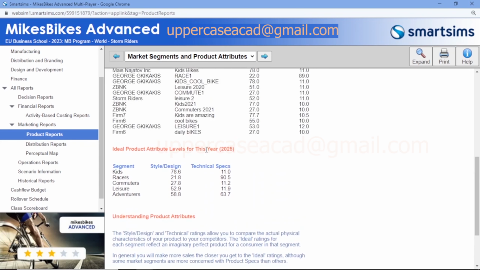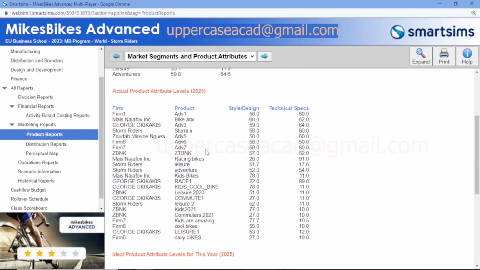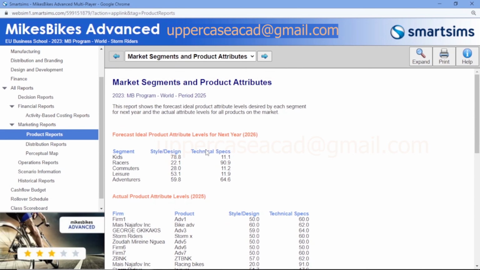Then it will also show you the forecast with this forecast ideal. This shows you what the market preferences are likely to be for the next year, not for this year, because if you look at it, this year is 2025 and this is for the year 2026.